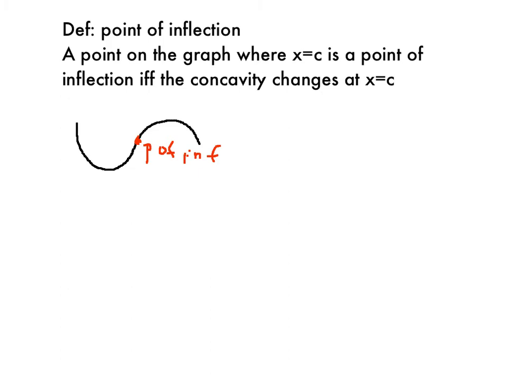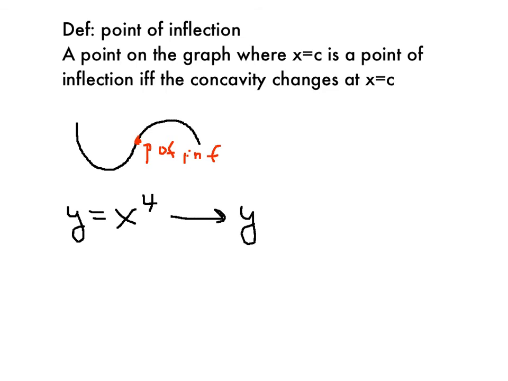You might think that if the second derivative is 0 that we get a point of inflection. That's not necessarily true. Just like if the first derivative is 0, we don't necessarily have a max or a min. The best example to think about here is y equals x to the fourth.